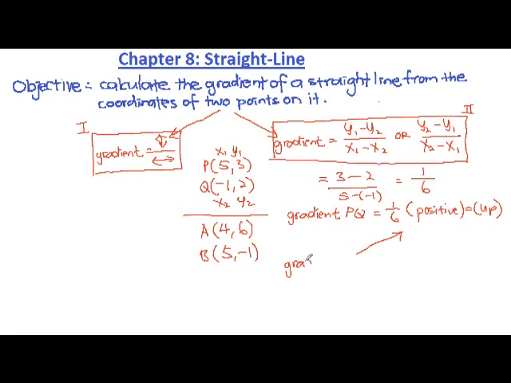So the gradient of AB is equal to y1 minus y2, 6 minus negative 1, over x1 minus x2, 4 minus 5, which is equal to 7 over negative 1. So the gradient of AB is equal to negative 7.